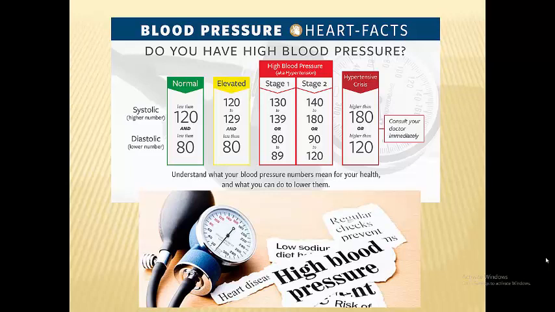The higher it goes, the more pressure there is in the vessels. The more pressure there is in the vessels, the more damage there is to the vessels. And we're going to talk more about that later. This is to help you connect the dots. If it's over a certain number, and you can see that here in the red, and it's there all the time, then you are told you have the form of cardiovascular disease called high blood pressure.